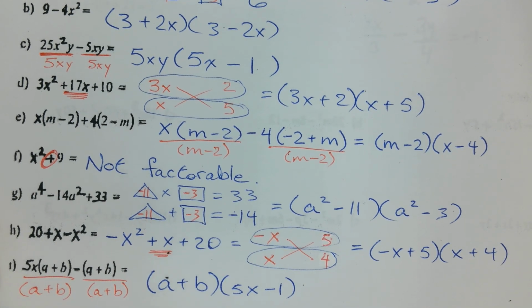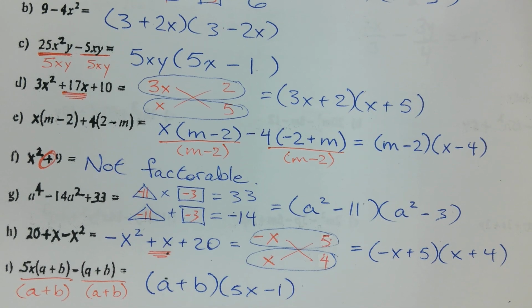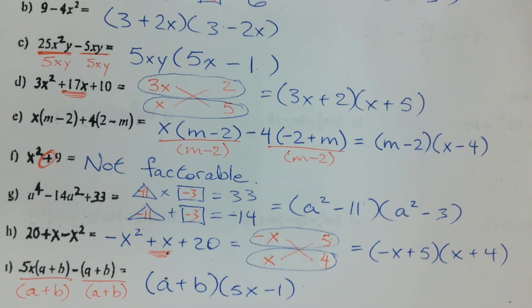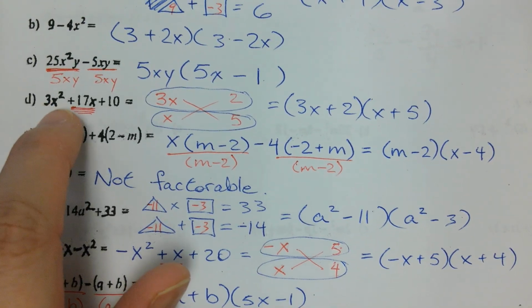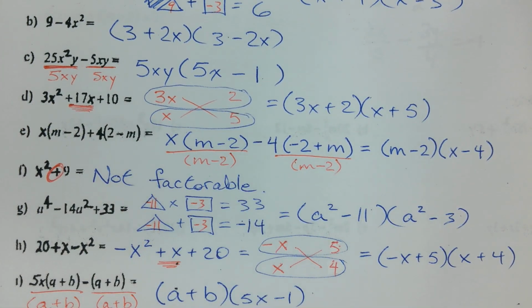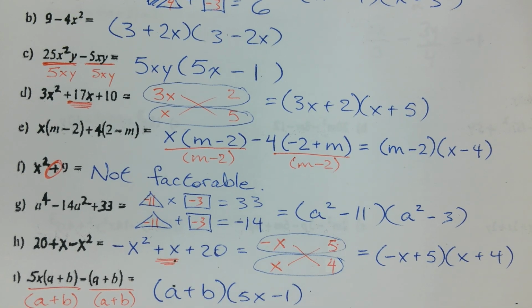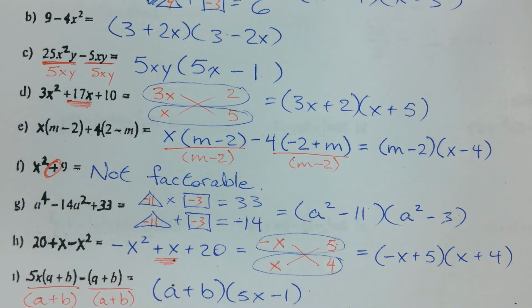What was the rule you said to use the quadratic formula to find if a function is factorable? Okay, so one, it has to be a quadratic for you to use the quadratic formula. And two, if you use the quadratic formula and you get an integer, then that means it is going to be factorable.